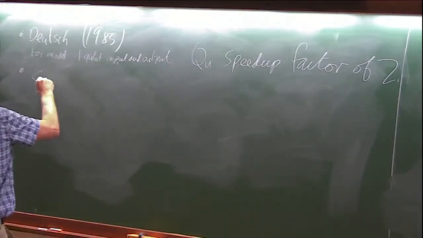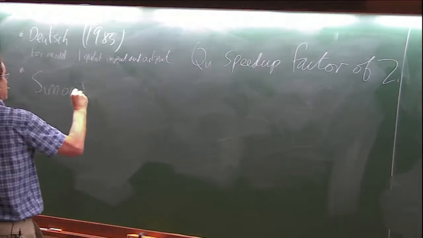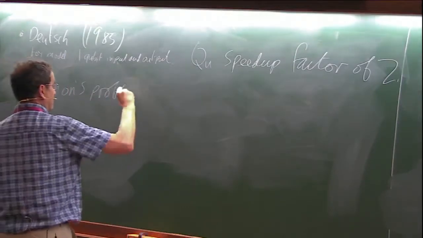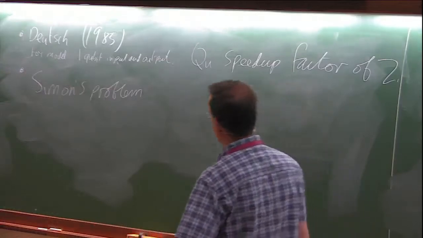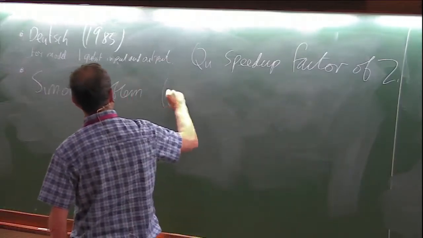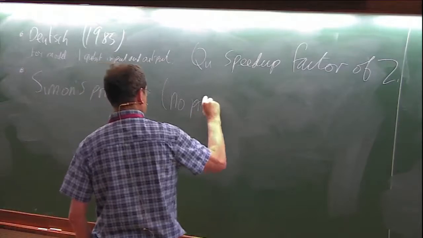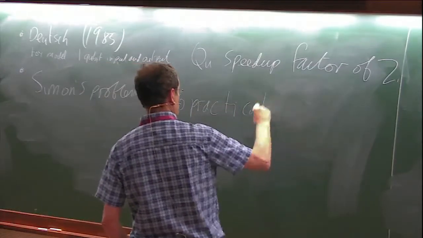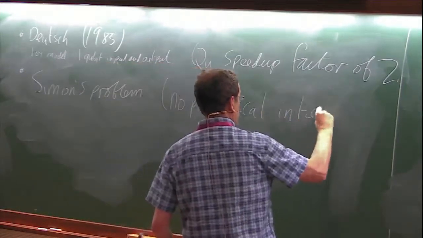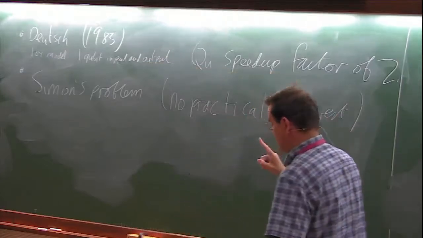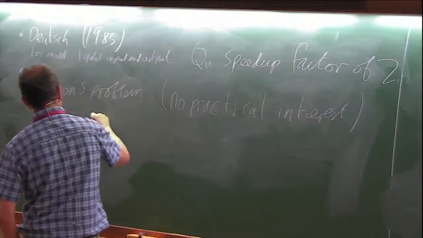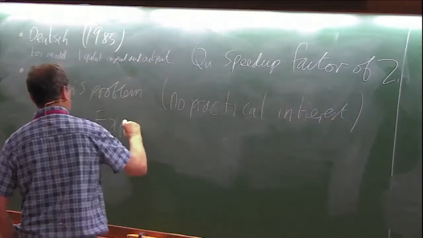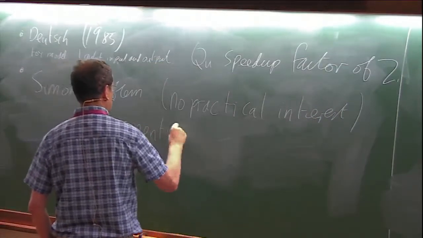The second will be Simon's problem. It's like the Deutsch problem in the sense that it's of no practical interest. But, and this should make you pay attention, it gives an exponential quantum speedup, exponential in the size of the problem.